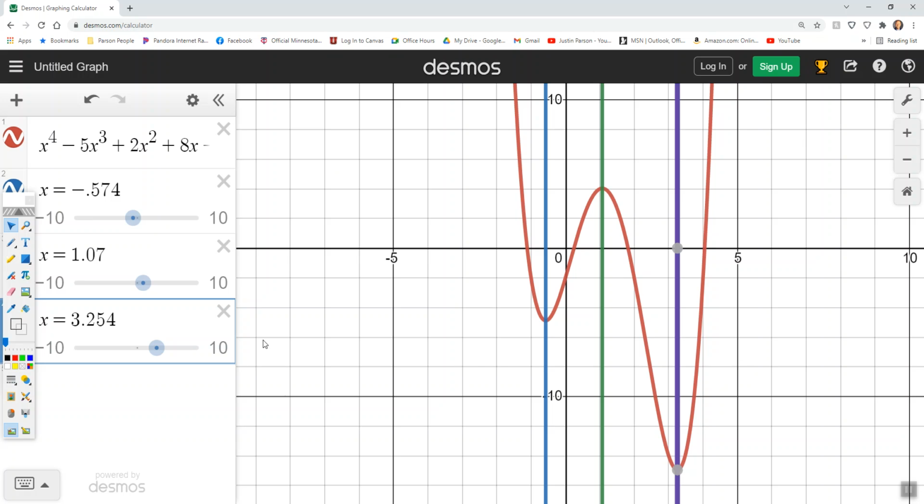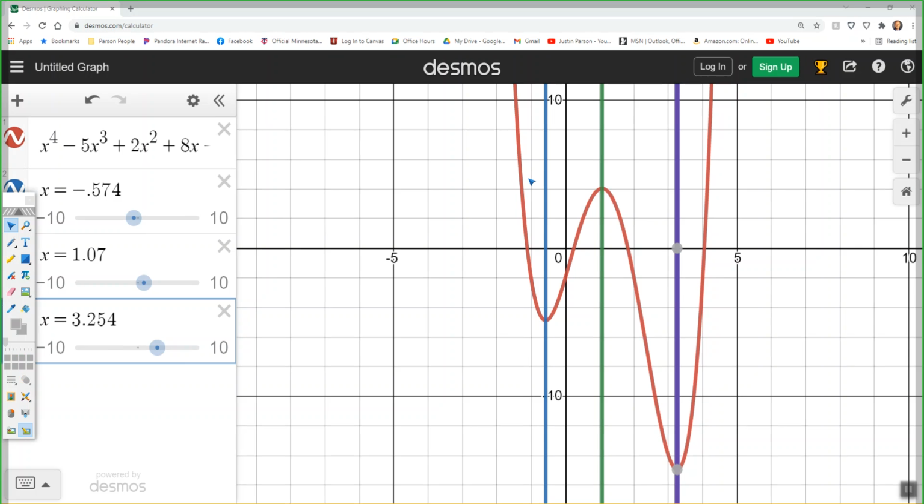So let's talk right here. I'm going to write on this one. So, guys, this is left of this blue line, right? Is this graph increasing or decreasing right here? Decreasing, right? So you're going to go to your decreasing part in your notes. You're going to say the graph is decreasing.